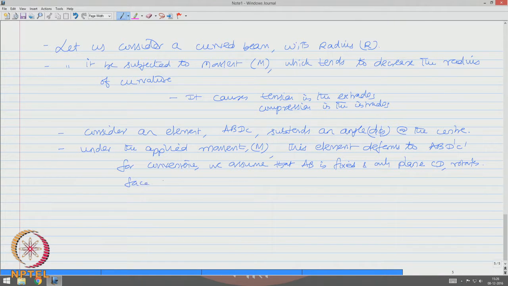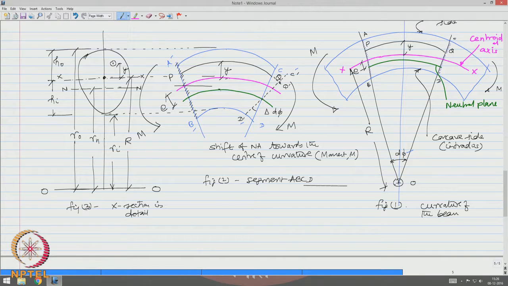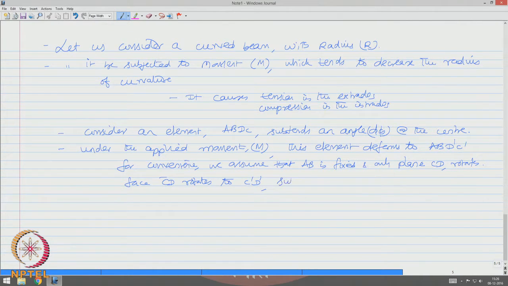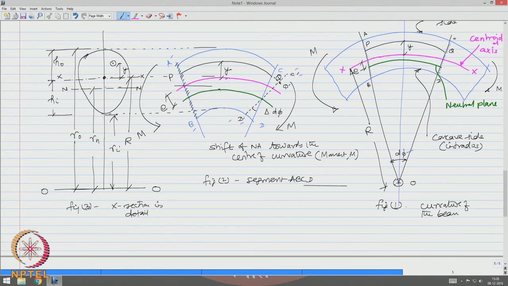So, the face CD rotates to C'D', subtending an angle delta d phi. This angle is delta d phi.